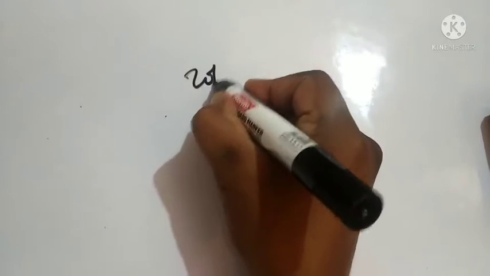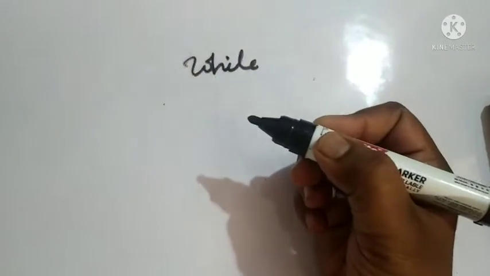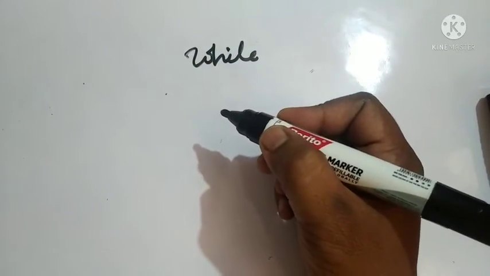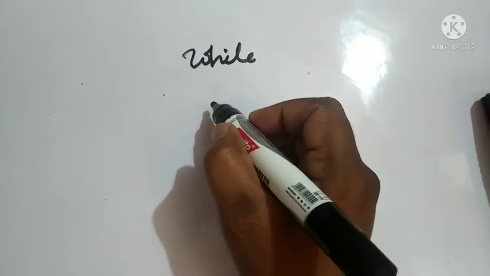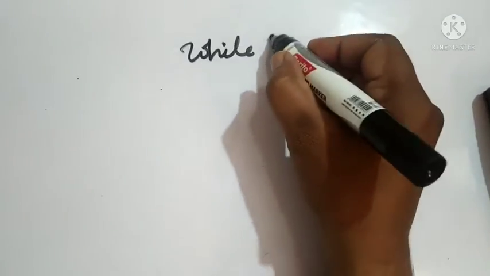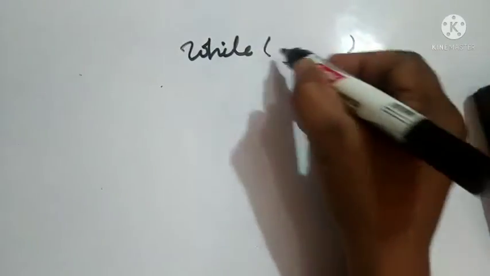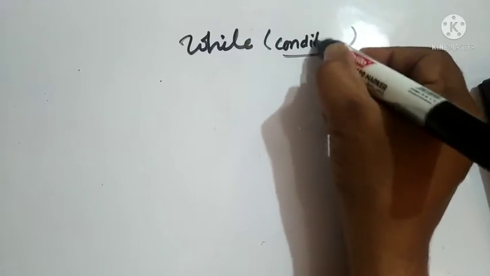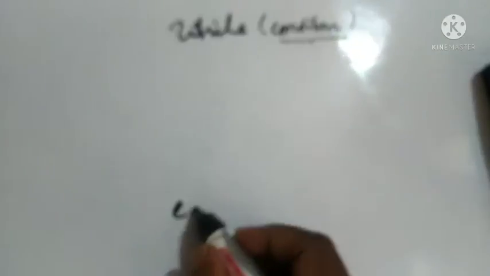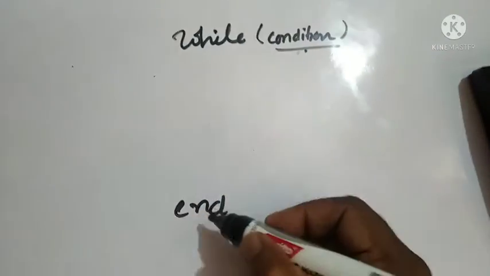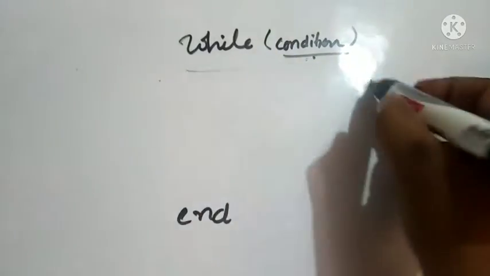Next is the while statement. The while statement will execute the block of statements until the condition is satisfied. Whatever condition you have given, until this condition is true, whatever you put between while and end will execute.